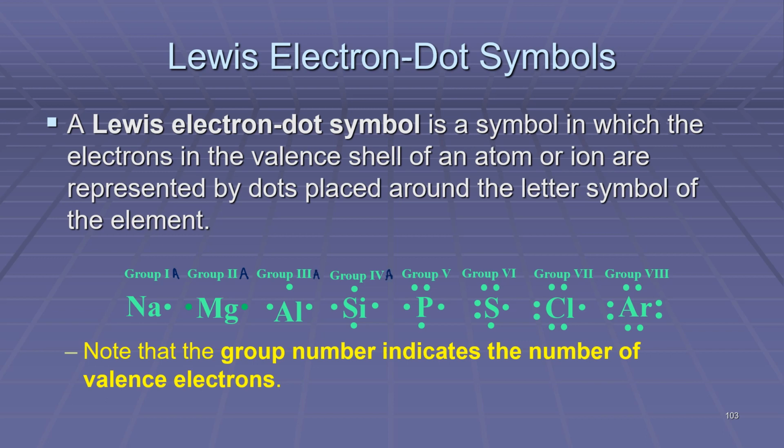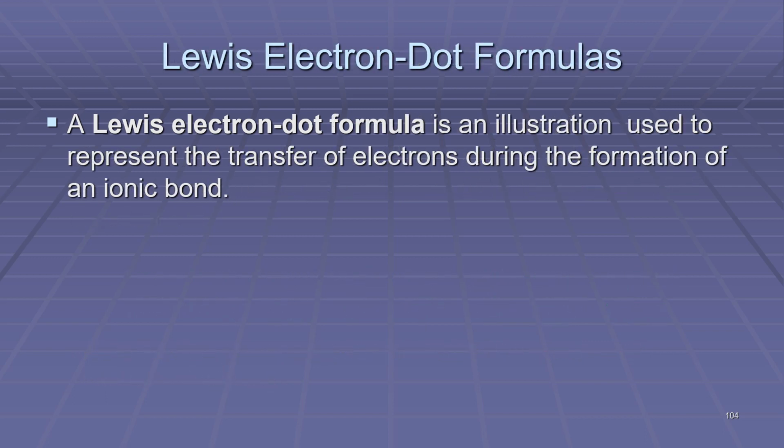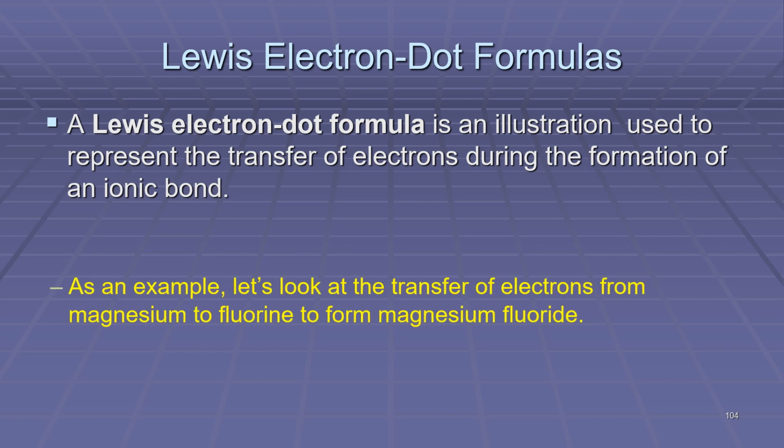Our valence electrons are the same as the group number. These are our Lewis dot structures, and the group number indicates the number of valence electrons.